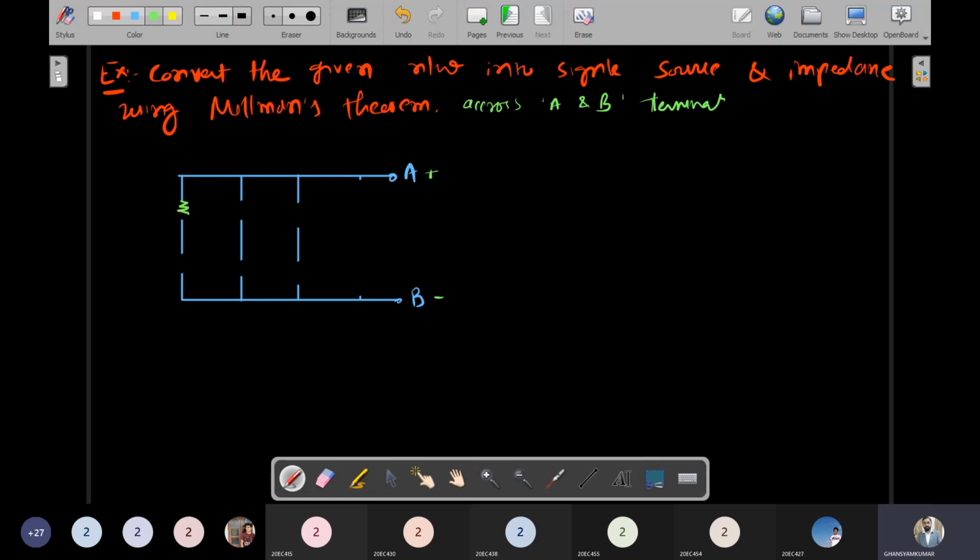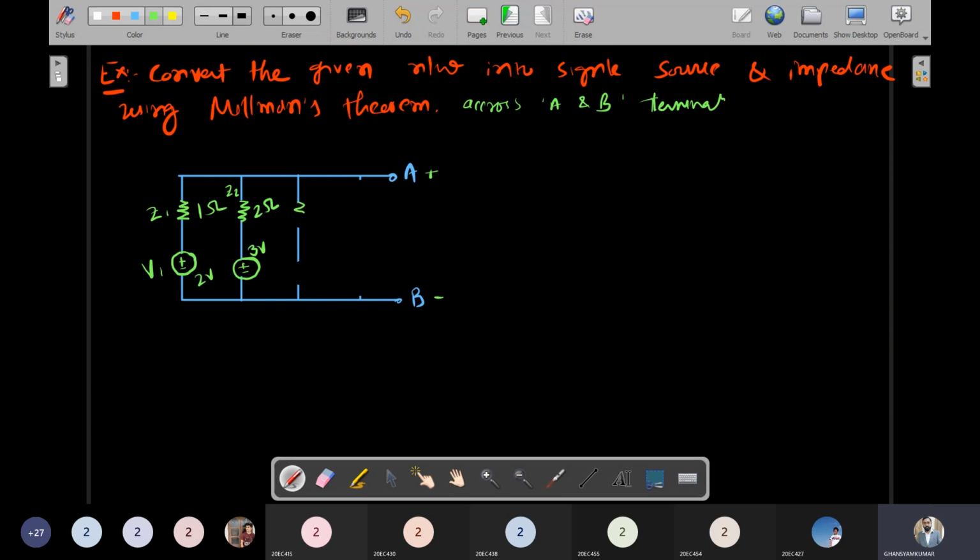So here is one series impedance, suppose this is Z1, the value is 1 ohm. Here is one independent voltage source, suppose this is V1 and the value is 2 volt DC. Here one more impedance, or resistance, that is Z2, the value is 2 ohm, and here one more voltage source, plus minus, a 3 volt voltage source.